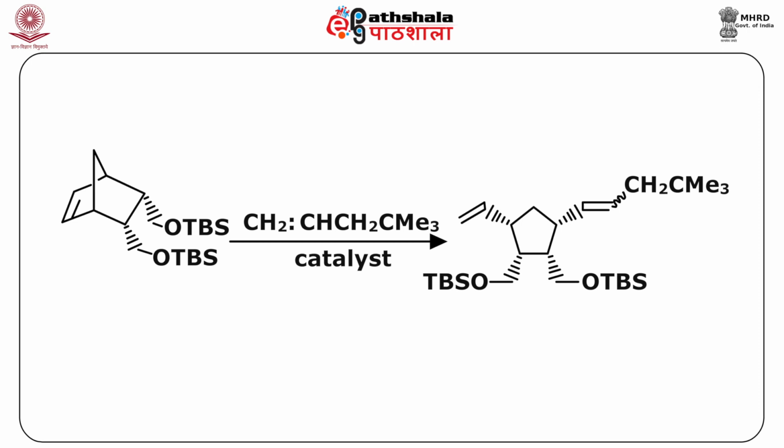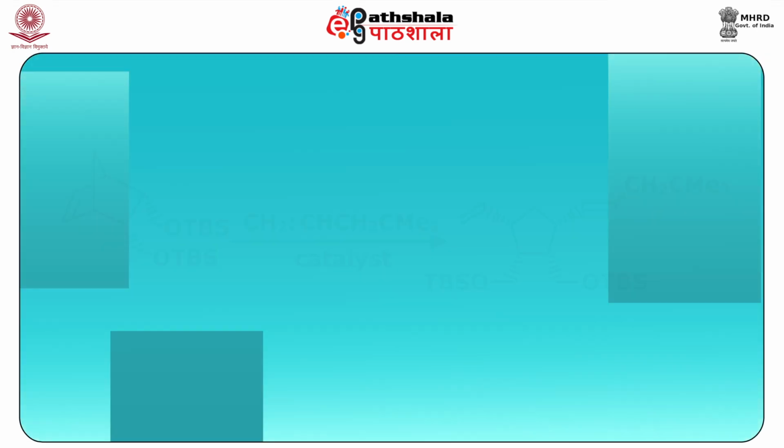The reaction of symmetrical norbornenes in the presence of a slight excess of terminal alkene gives only tetra-substituted cyclopentane using a transition metal complex, as depicted here in the scheme. This is the synthesis of saturated cyclopentane derivatives from the bridged ring compounds through ring opening.